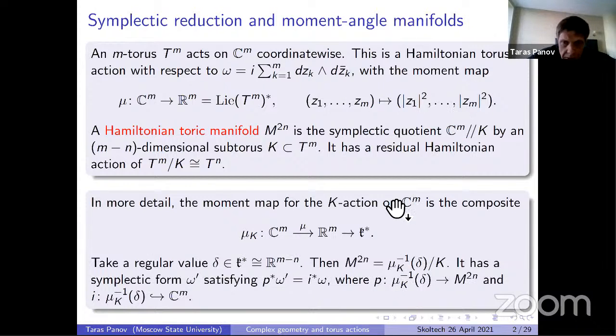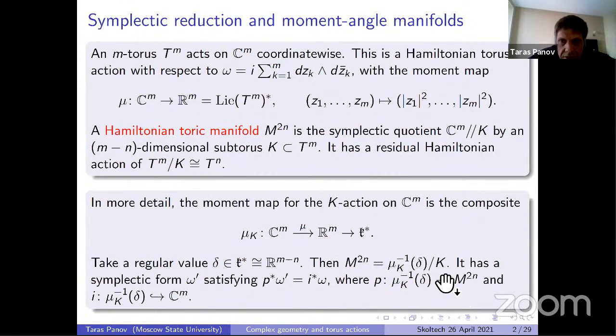Then the symplectic quotient is the following construction. You take a regular value for this moment map. There are many choices of these regular values, and the result depends on which one you choose. You take the preimage of the regular value.